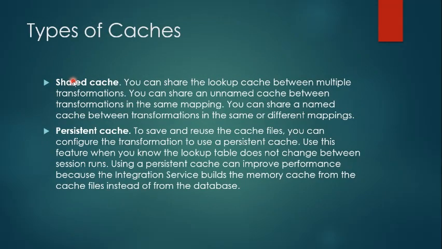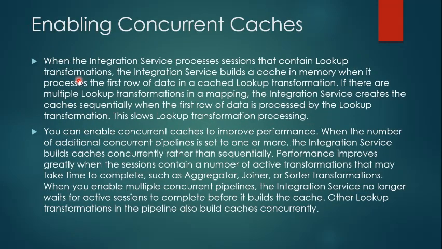Here, how to enable concurrent cache. When the Integration Service processes a session that contains a lookup transformation, it builds a cache in memory when it processes the first row of data in a cached lookup transformation.